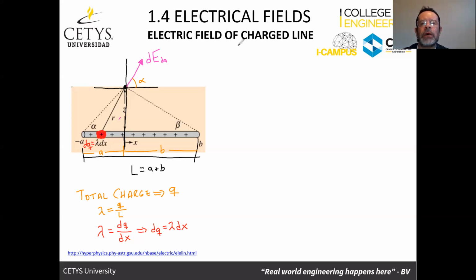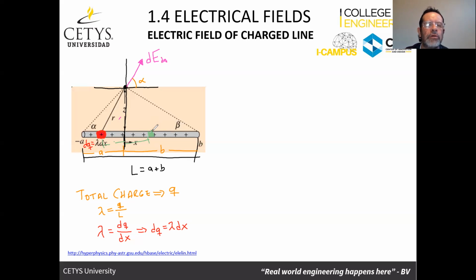Now, notice what I'm going to be adding all of the differentials along this line. But notice something. Let's say that now I'm going to put myself over here on the other side at a distance that's exactly the same from here to here.